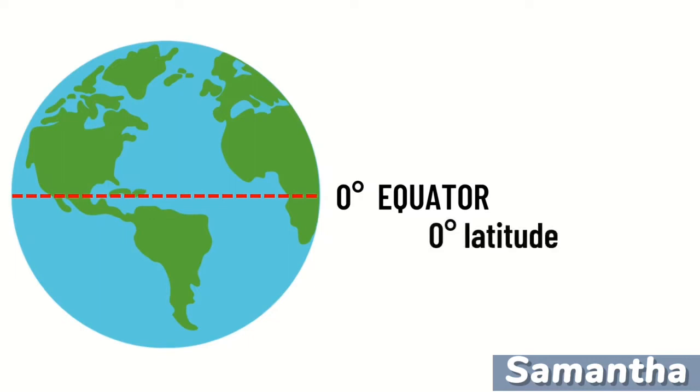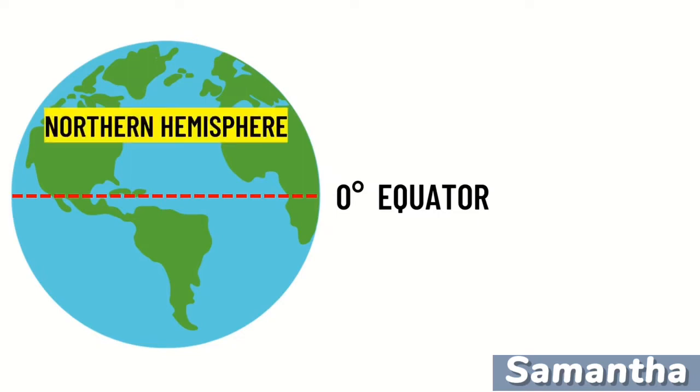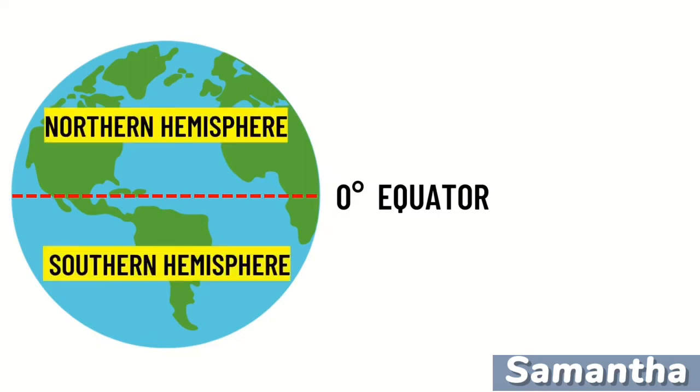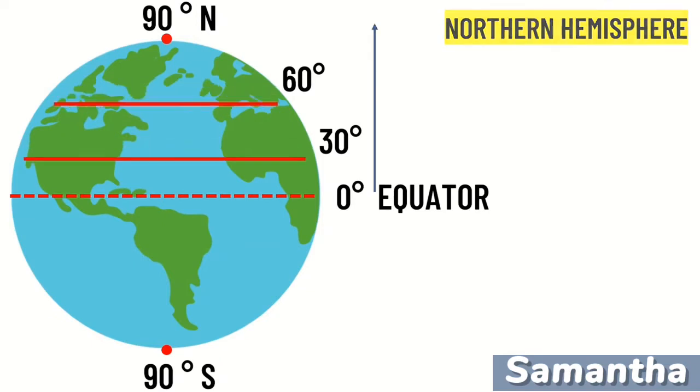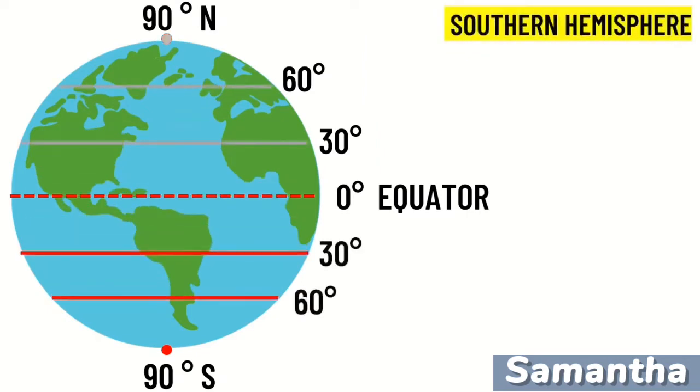It is divided into northern hemisphere and southern hemisphere. The northern hemisphere is an area located above the equator up to the North Pole. The southern hemisphere is an area located below the equator down to the South Pole.